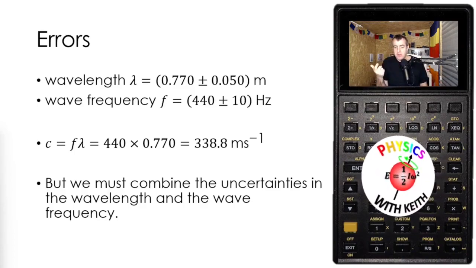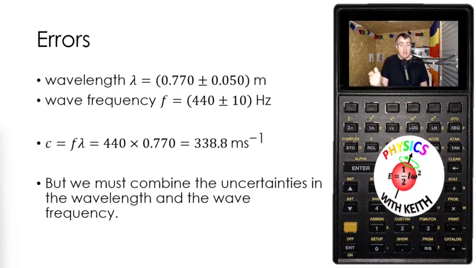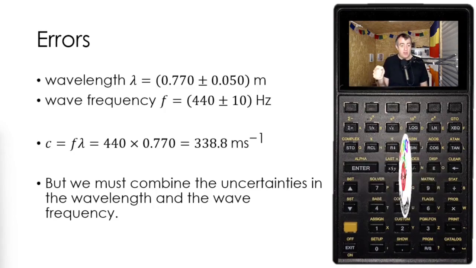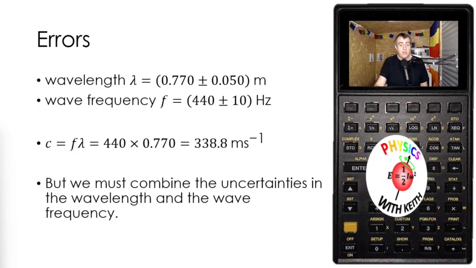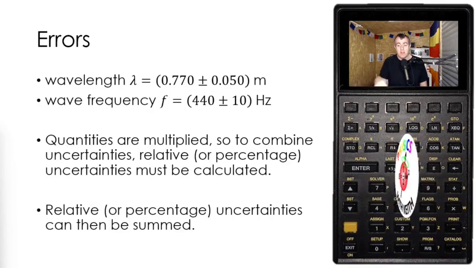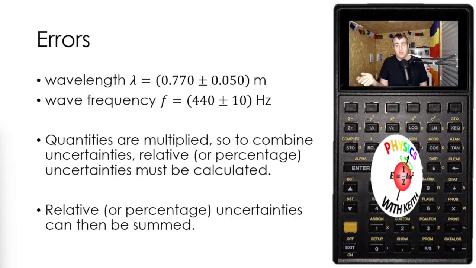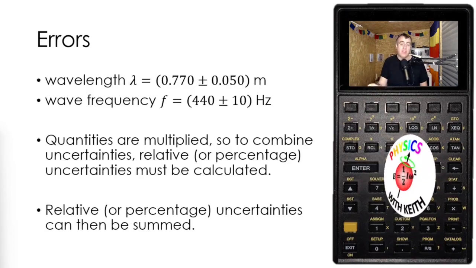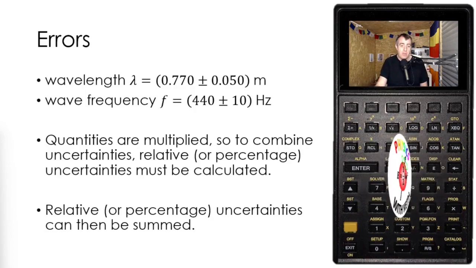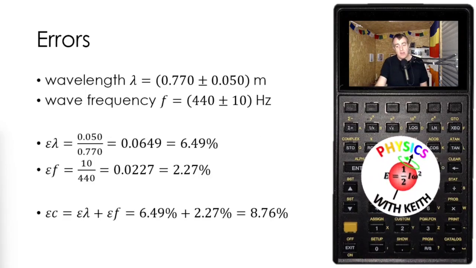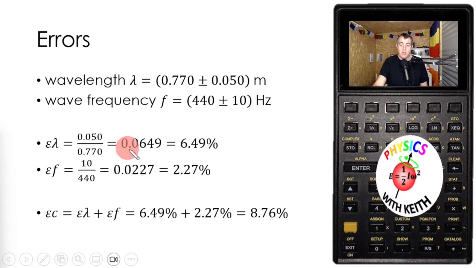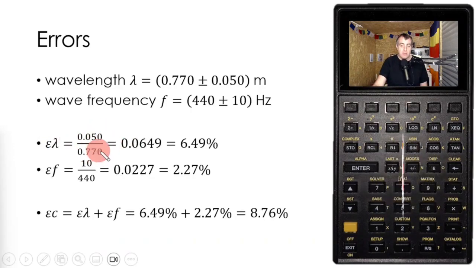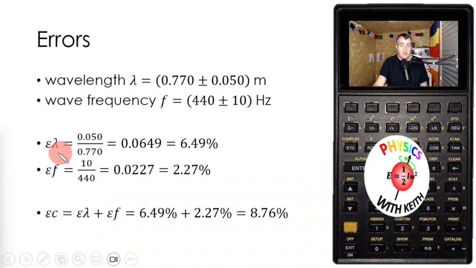But now I've got to combine the uncertainties. And the problem here is that the uncertainties are absolute uncertainties, which means I've got to convert them first into relative or percentage uncertainties. The quantities are multiplied or divided. That's the first step. So to calculate the percentage or relative uncertainty, we do the absolute uncertainty divided by the mean for each of these quantities.